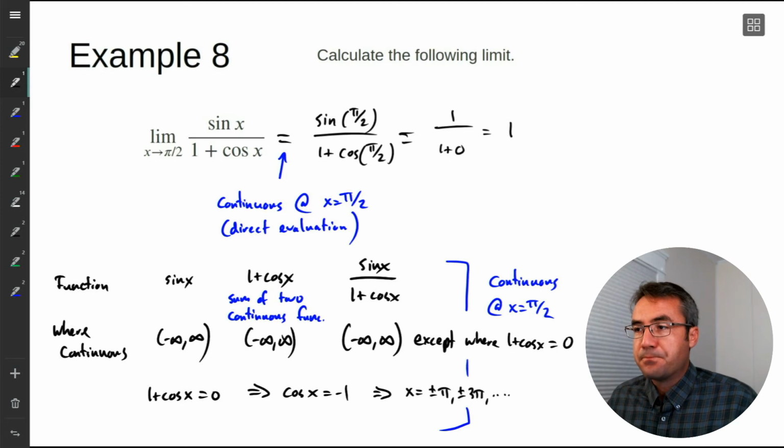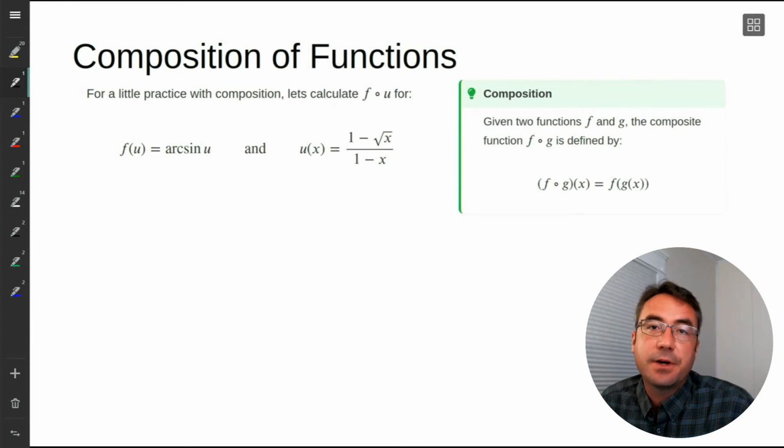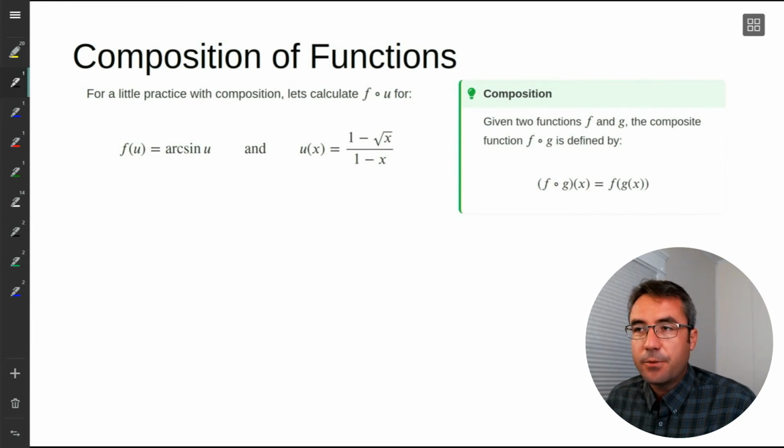All right, so we have our list of elementary functions. We know that we can add, subtract, multiply, divide, with maybe some exceptions with division, and still get something that's continuous. Well, there are other ways to combine two functions. Another way is with what we call composition.